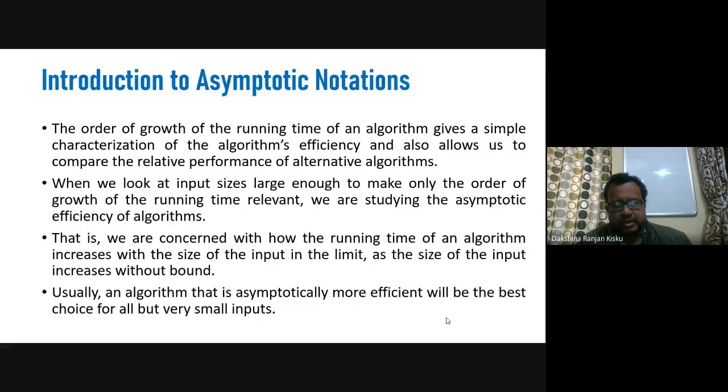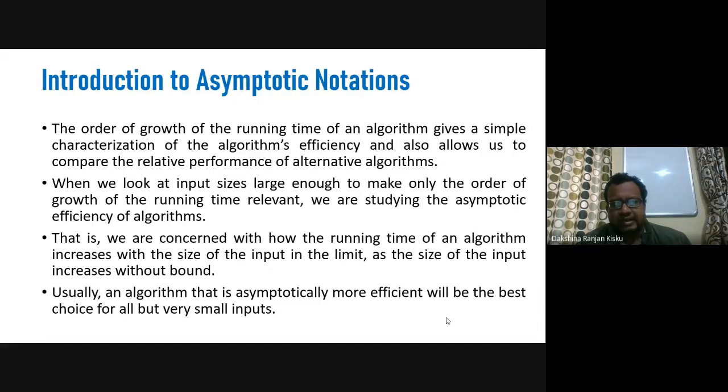So essentially we use the asymptotic notation. The asymptotic notations are mathematical tools. This mathematical tool can be used to compare the performance of the alternative algorithms. Now, what do we call alternative algorithms?